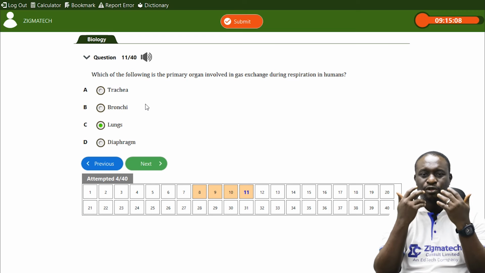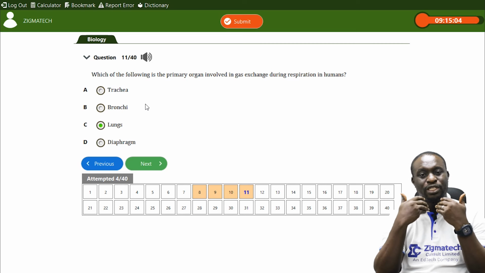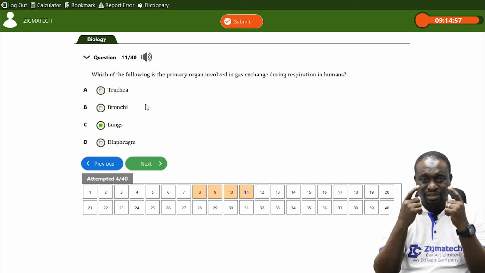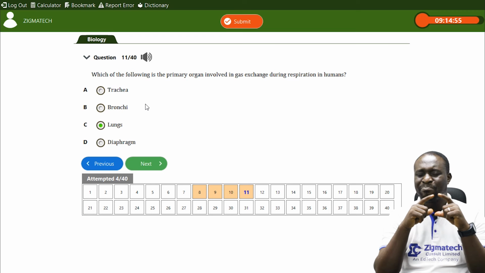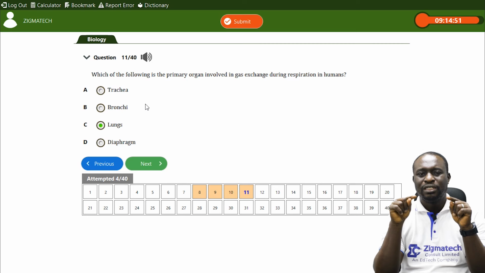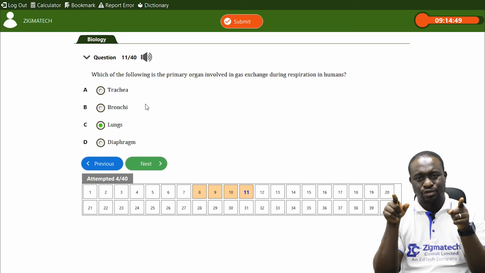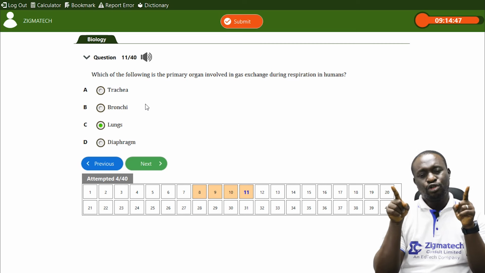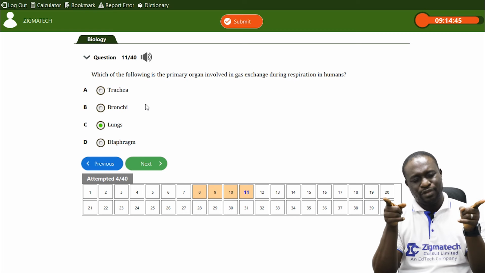Air passes through the trachea and enters into the bronchus. The bronchus is also made up of cartilages. It is also a passage through which air enters into the lungs, or into the bronchioles, which are inside of the lungs.